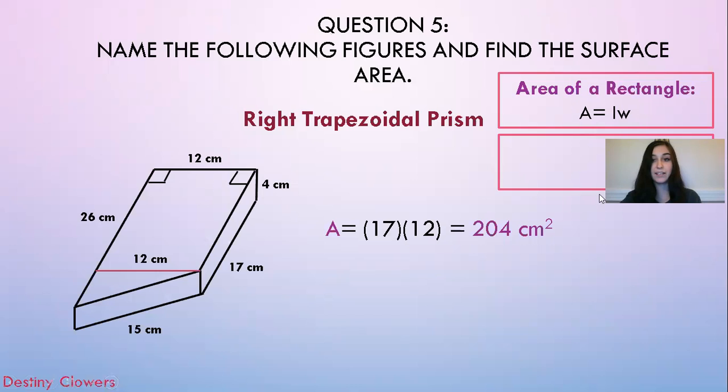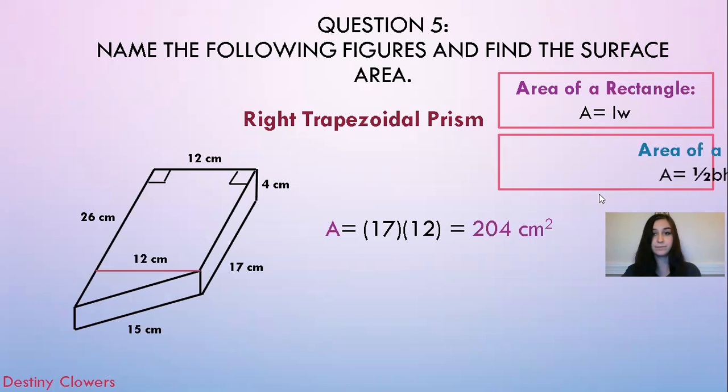Now, the area of a triangle is area equals 1/2 base times height. You might be wondering how we're going to find the base of the triangle, but it's super simple. We know that this whole side equals 26 centimeters, and over here, this side equals 17 centimeters.